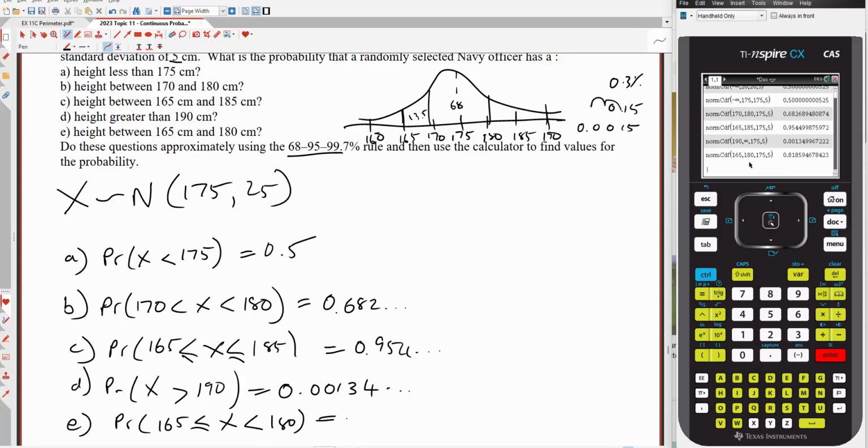So 0.8185... Okay, so you really don't want to use this rule here. That's more for general maths. For maths methods, we're going to get a more precise value, easily a value to 4 decimal places, not these ones which are to 2 decimal places or 3 decimal places.